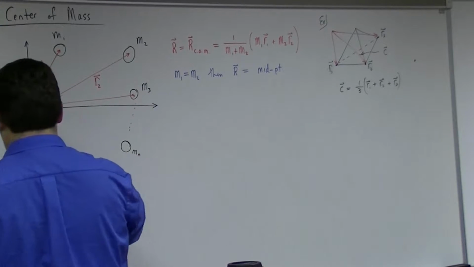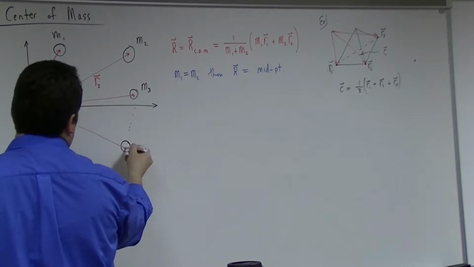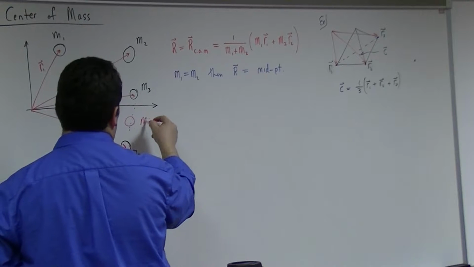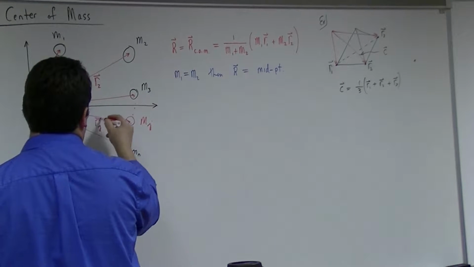The nth mass, and suppose that each mass is respectively at a position. The jth one, m sub j, is at position vector r sub j.